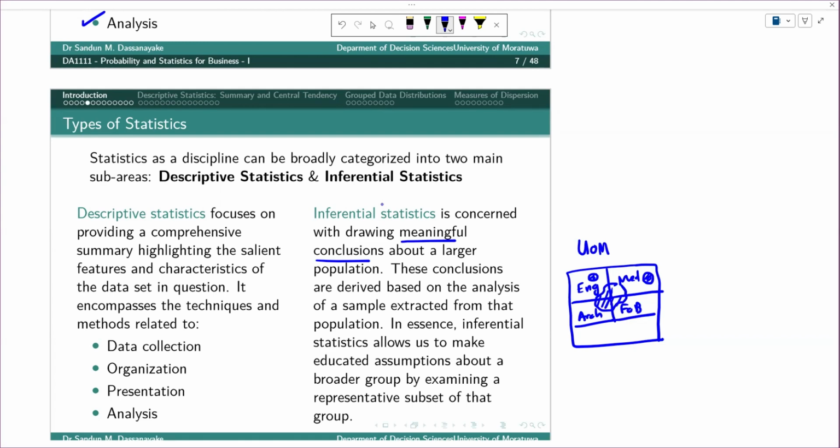So how to do it? That is what we are going to learn in statistics in this part of the course, and also how to infer using this sample, because you can't go and ask every student in the University of Moratuwa and do the analysis, because it will be time consuming. Even though you can do it, it will be extremely time consuming.